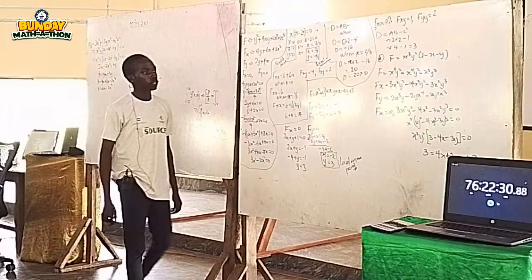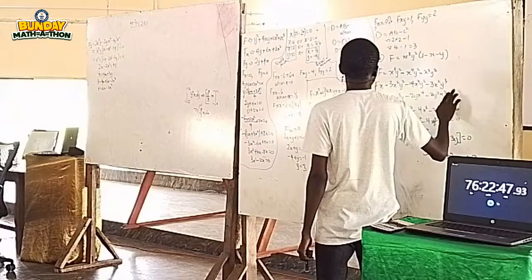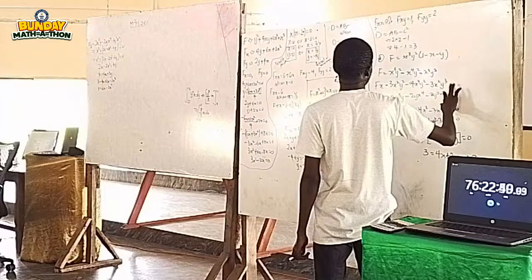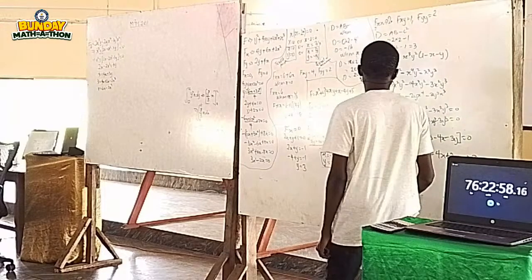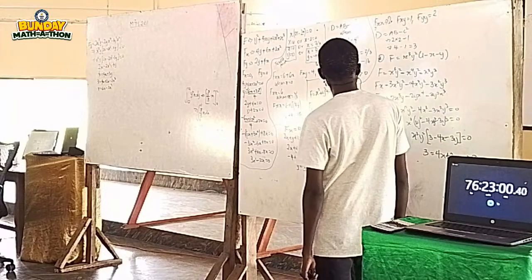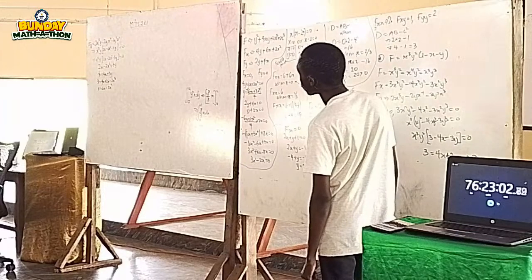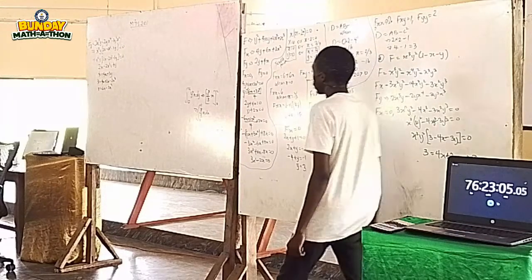What's in f y? No, it should be 3x squared. Okay, s cube. How did I write it now? In this place.